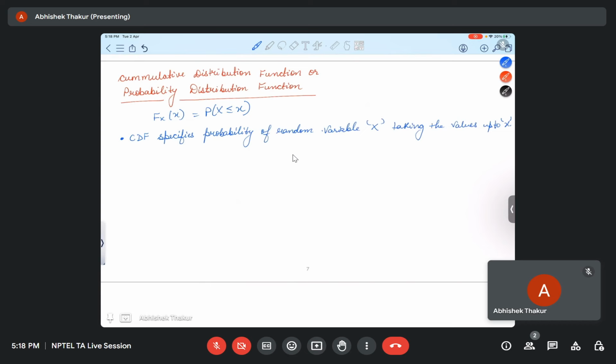So now we will take the same example and we will try to understand this concept. Okay. So let's take a question. Construct the distribution function.